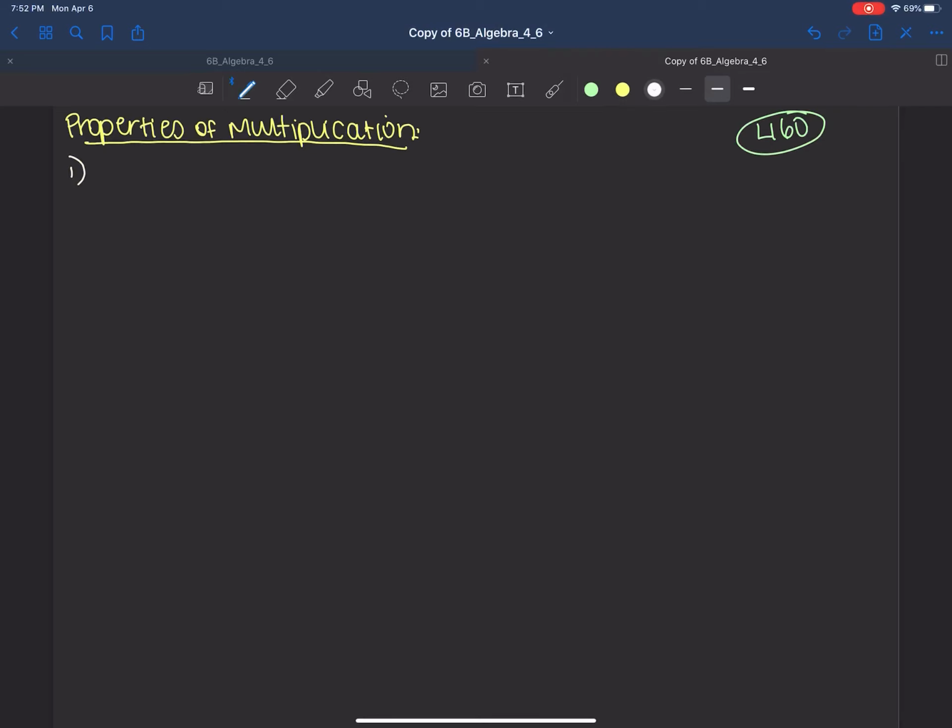So the first one is the associative property of multiplication. We've seen the associative property of addition before. It looks really similar though. Let's say we have three numbers that we're multiplying together, a times b times c.